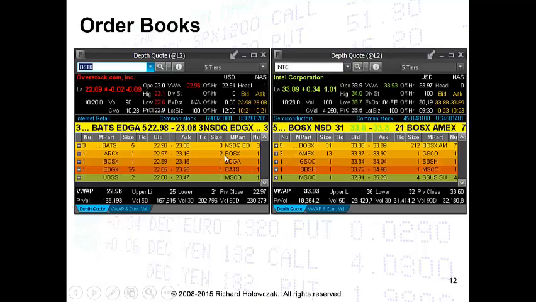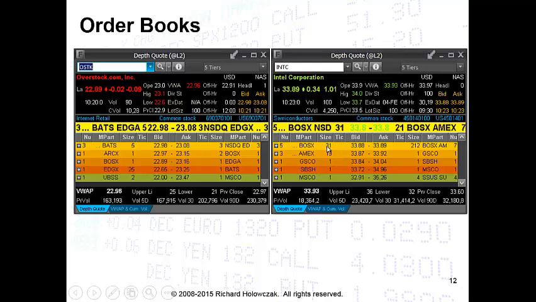Again, this is those original two order books, and I just want to point you to two of these examples. On the right here, we have Intel Corporation, which, if you've ever seen some NASDAQ stocks, Intel is what we say is a fairly liquid stock. And if we look here at the size, there's actually 31 lots of 100 shares.